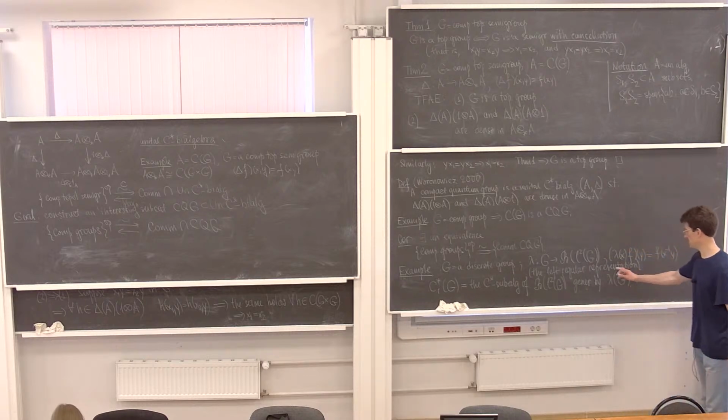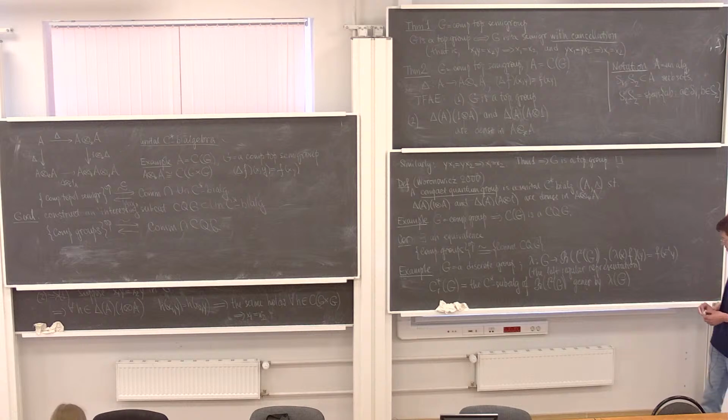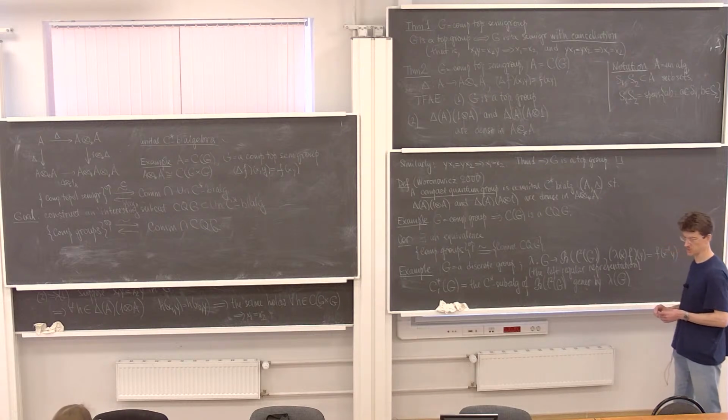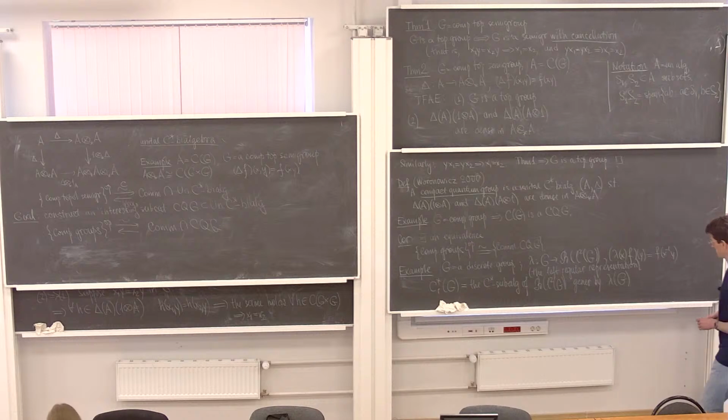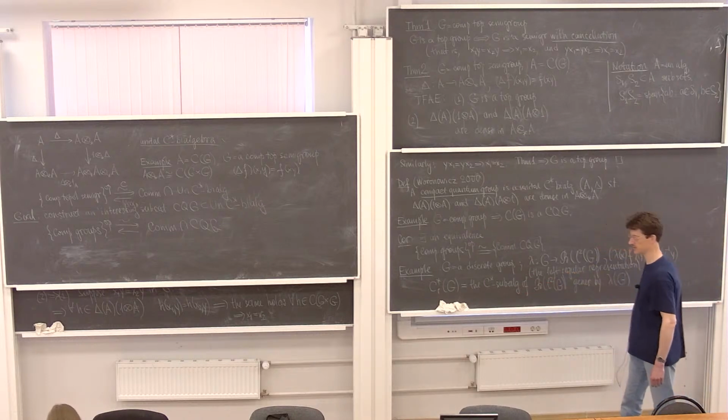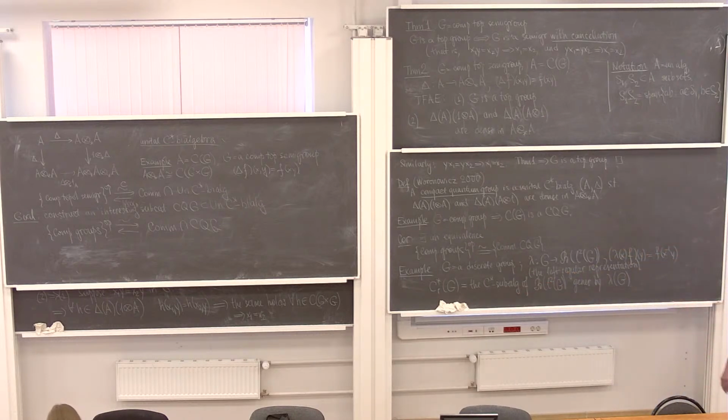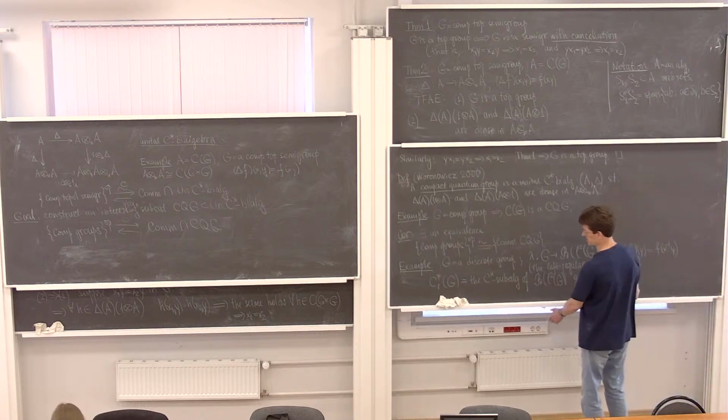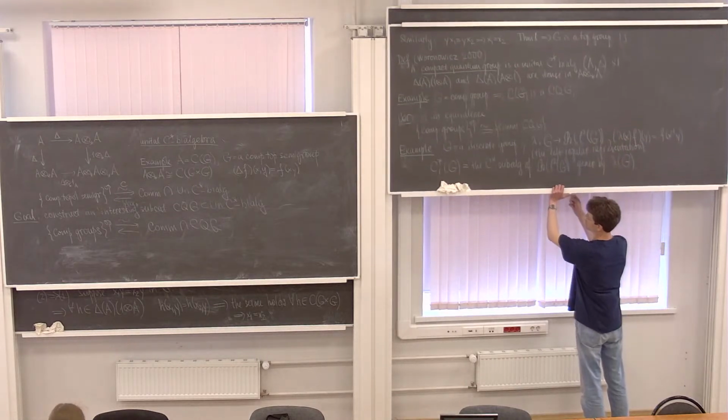Alternatively, we can enlarge this set. We can replace it by a range of the respective representation of the Banach algebra L1 of G. But in fact, it suffices to consider these operators only, the respective representation of G. So this is a reduced group C-star algebra of G.